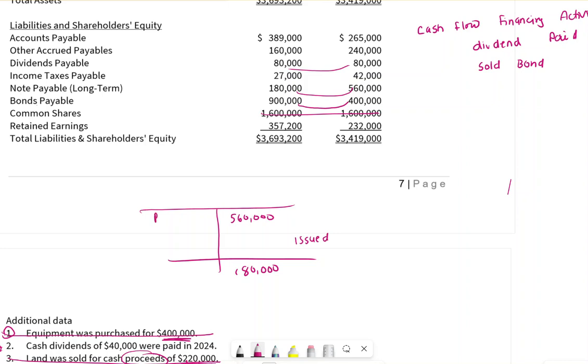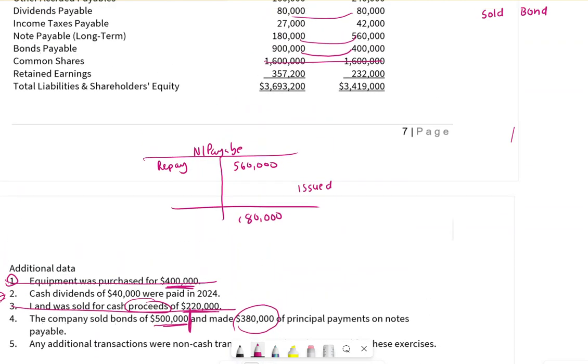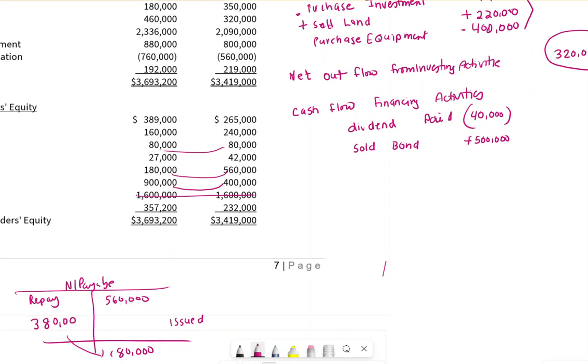If you repay your notes payable, that will be on the debit side. We don't know what's happening. They told us that 380,000 worth of principal on the note was paid, so it's saying that it went down. So 380,000, we paid it. 560 minus the 380 will give me 180,000. So what we did is repayment of a note.